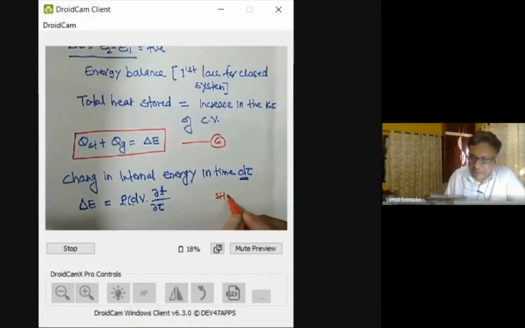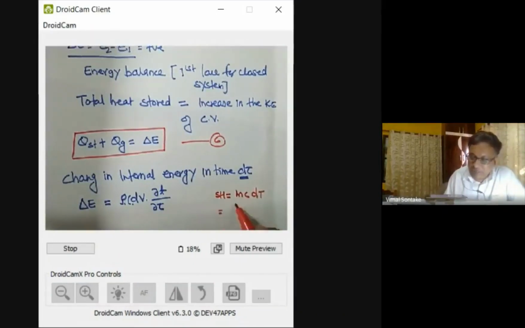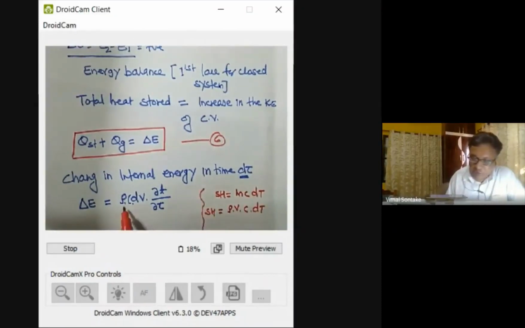Sensible heat, that is heat increase due to temperature, is nothing but m c delta T. m can also be written as density into volume into specific heat into dT, isn't it? So the same thing is written over here. Here rho is the density of the material.